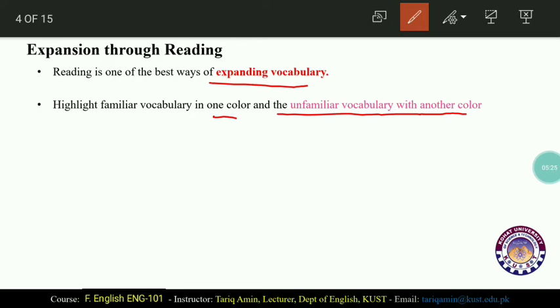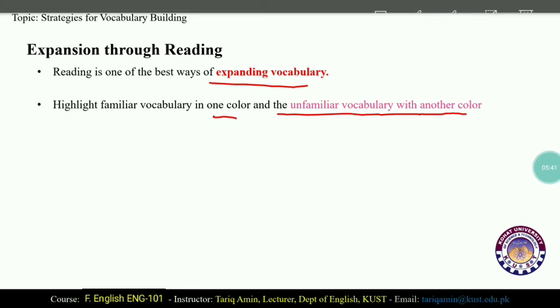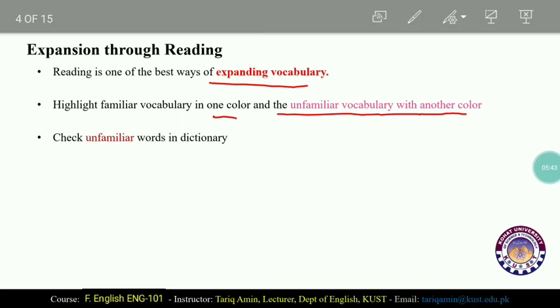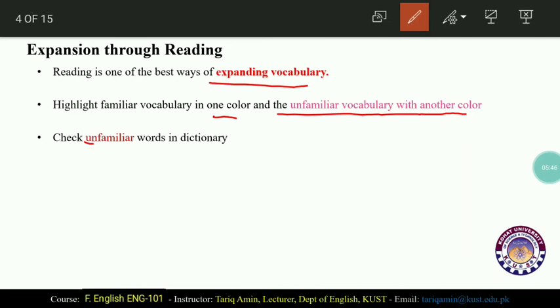And if you come across words that are unknown to you, you need to highlight them with another color. For example, you can use a red highlighter for known words and a yellow highlighter for unfamiliar words. And check unfamiliar words in a dictionary after completing your reading or during the reading process.